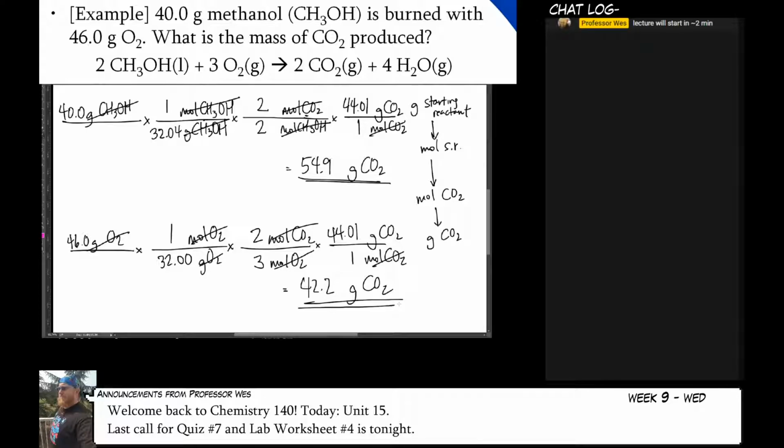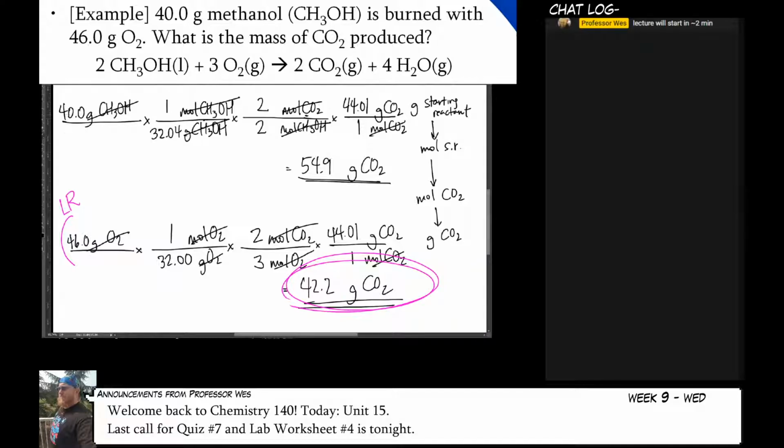Because that is the smaller amount, oxygen was the limiting reactant. So this is the answer we would submit. If I mix 40 grams of methanol and 46 grams of oxygen, I get 42.2 grams of CO2. Heck, if I added 1,000,000 grams of methanol and 46 grams of oxygen, I'd still only get 42 grams of CO2.